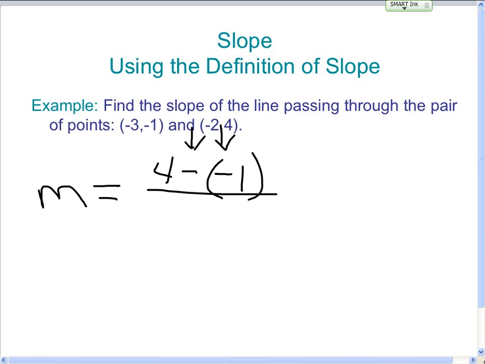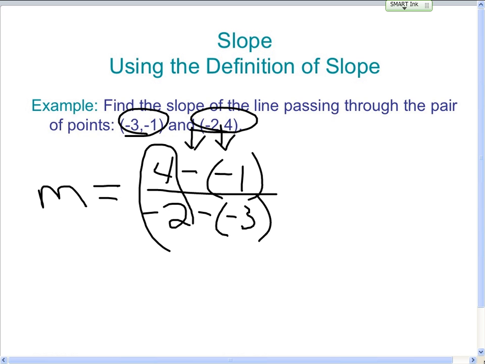So I'm going to take my second x value, subtract my first one. Now, you can reverse that. You can call this point 2 and this point 1. It doesn't matter as long as these two numbers come from the same point. They have to come from the same point in order for this to work.